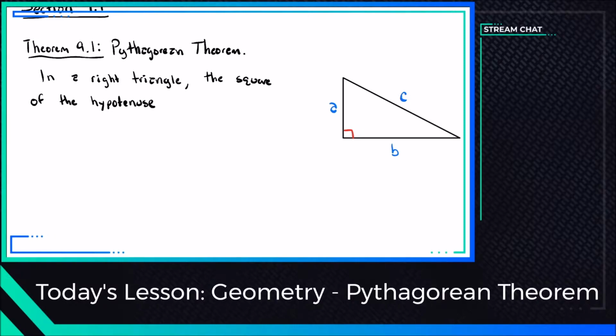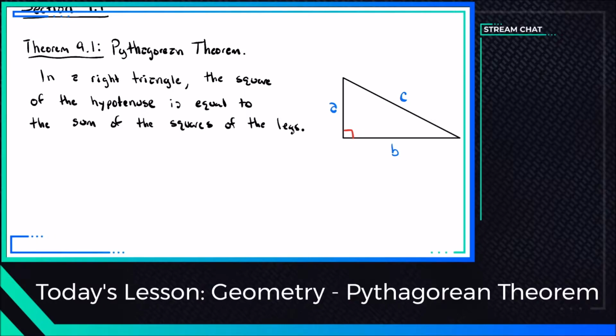it is equal to the sum of the squares of the legs. And this can all be wrapped up with a pretty simple formula, and that formula is the following.